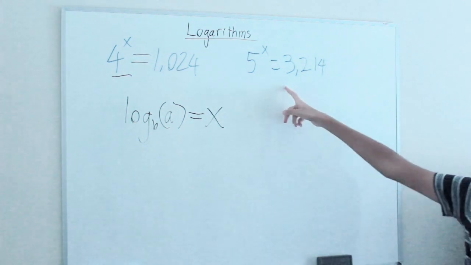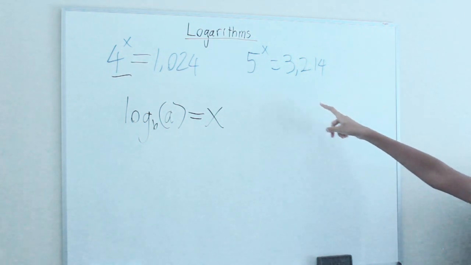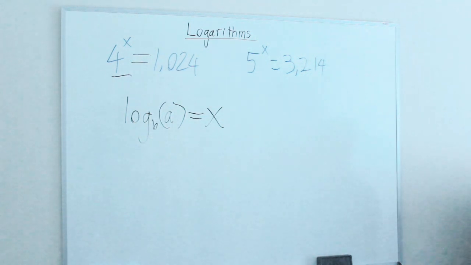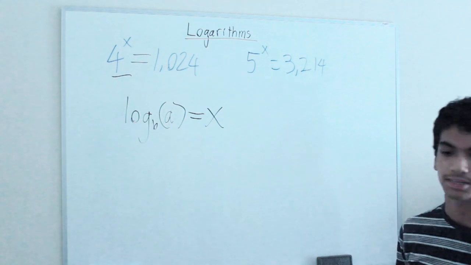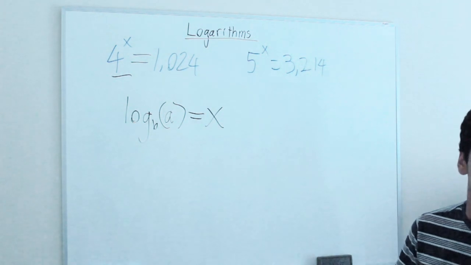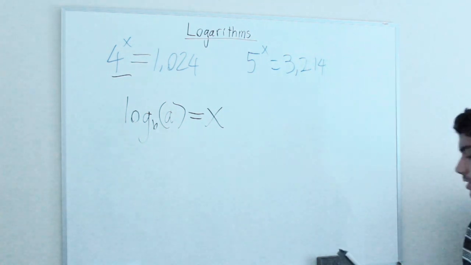Now, obviously here, 3,214 is not a multiple of 5. 5 will never reach it. So in this case, the exponent is actually a decimal. And the only way to get this decimal easily is to use a calculator and the logarithm.